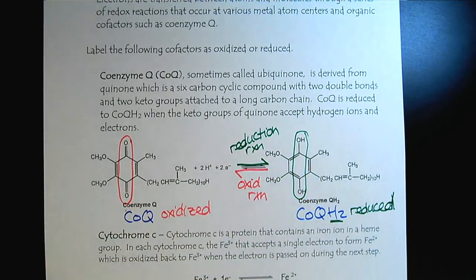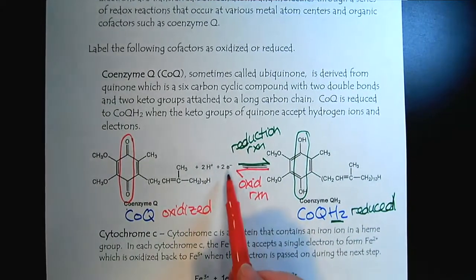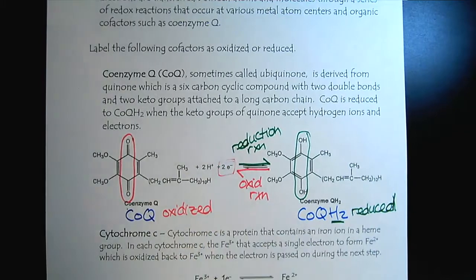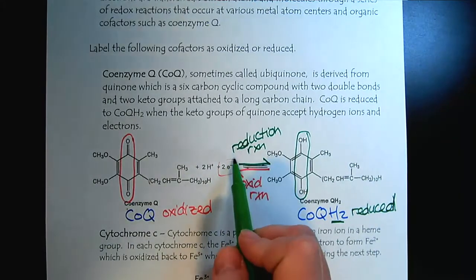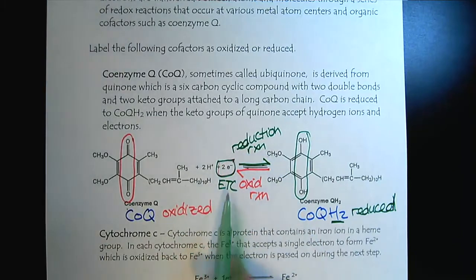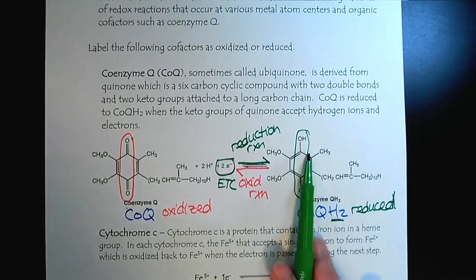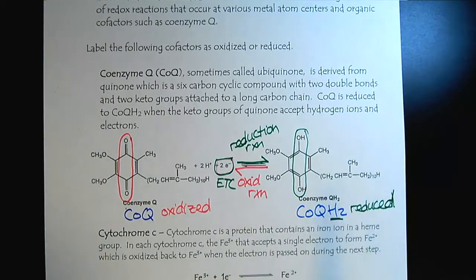So this is happening as the coenzyme Q accepts the electrons as part of the electron transport chain and becomes CoQH2, and then the reduced coenzyme Q can then hand the electrons off to another protein complex in the chain.